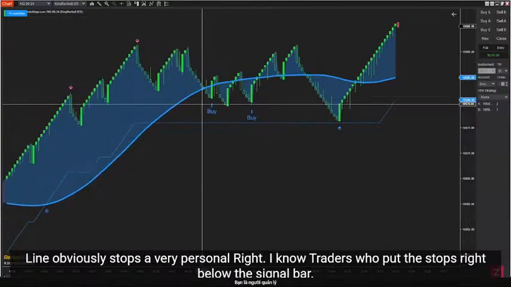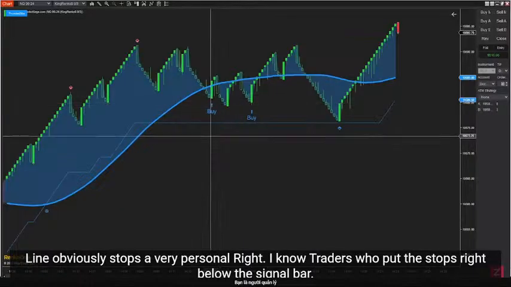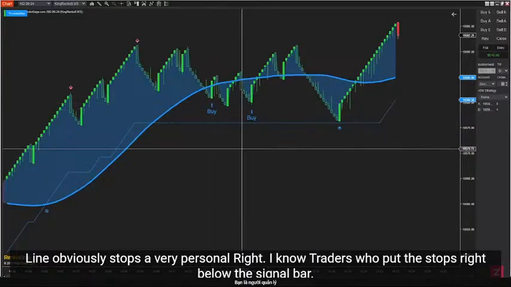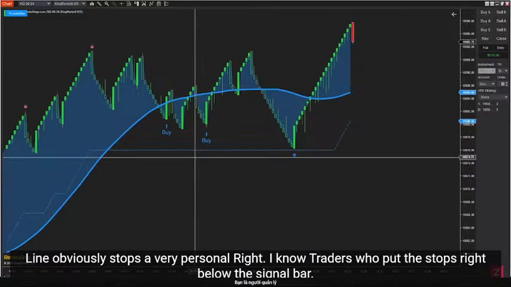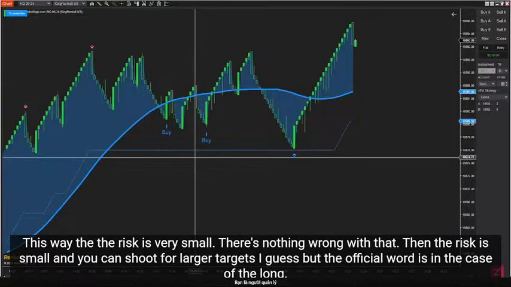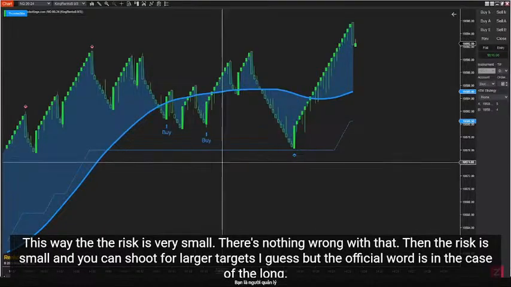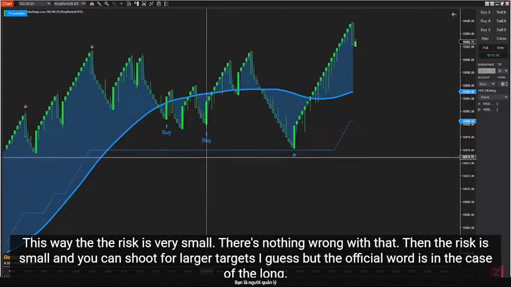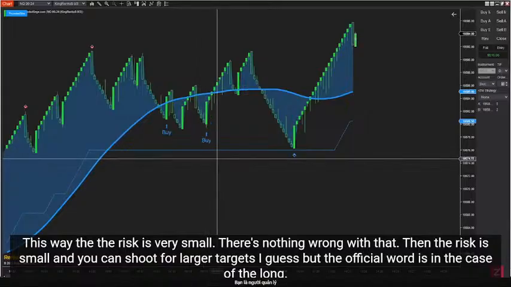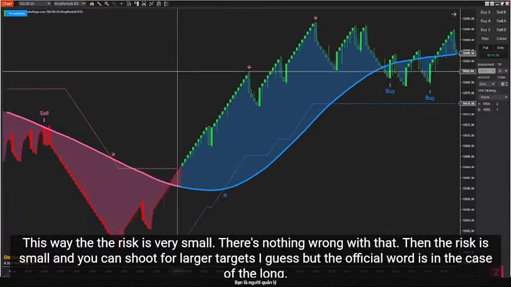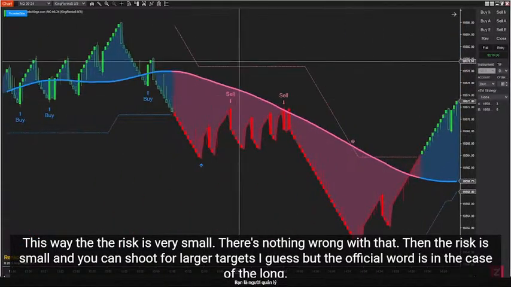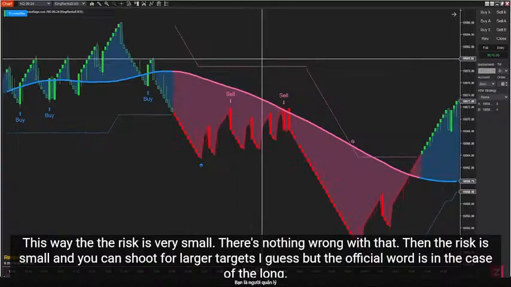This way, the risk is very small. There's nothing wrong with that. Then the risk is small, and you can shoot for larger targets, I guess. But the official word is, in the case of a long, slightly below the blue line. In the case of a short, slightly above the red line over here.